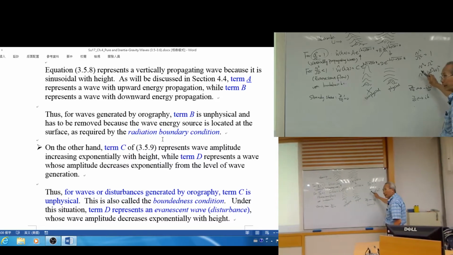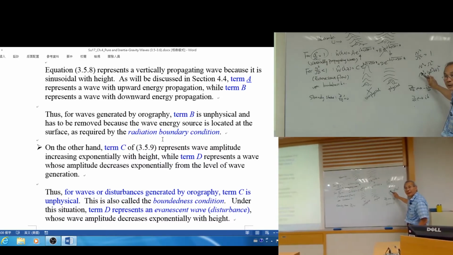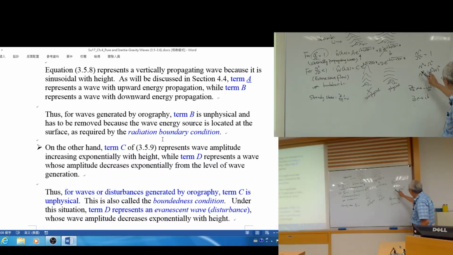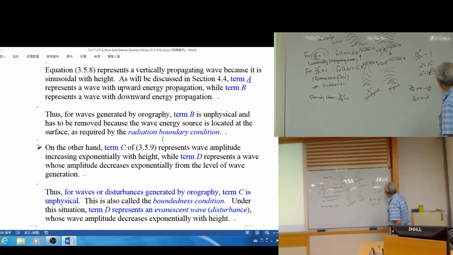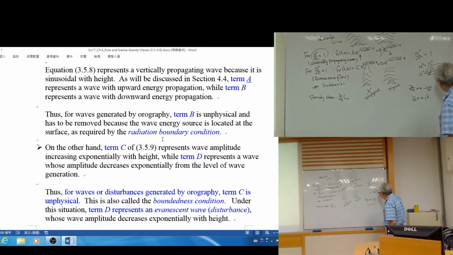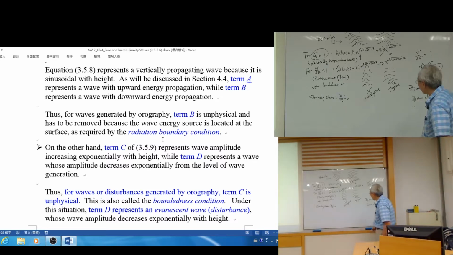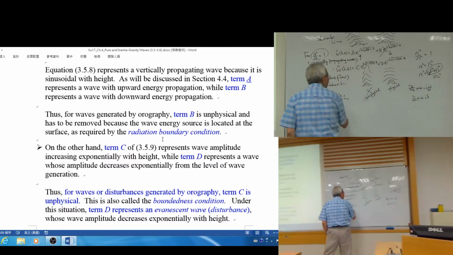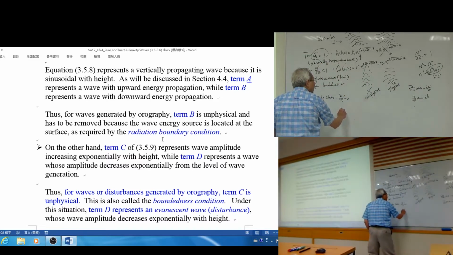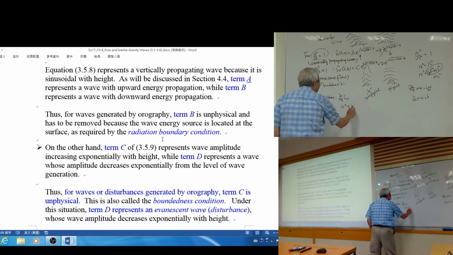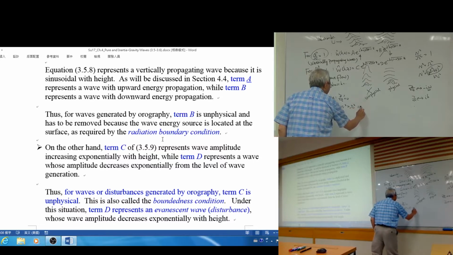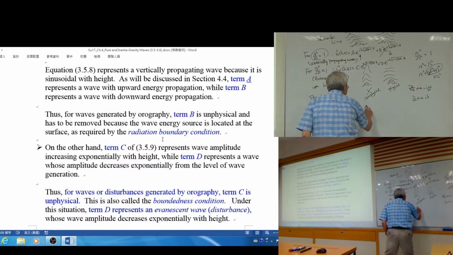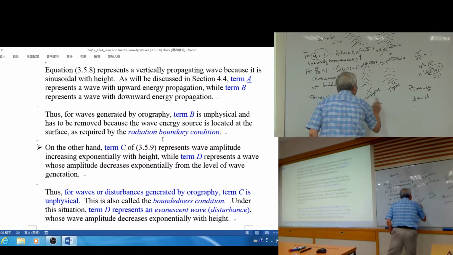Because here we have i squared, negative i squared, like that, so i omega will be equal to 0. So for steady state, this becomes k squared u squared. In other words, for steady state, n squared greater than omega squared becomes n squared greater than k squared u squared.